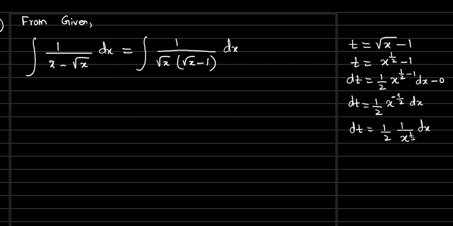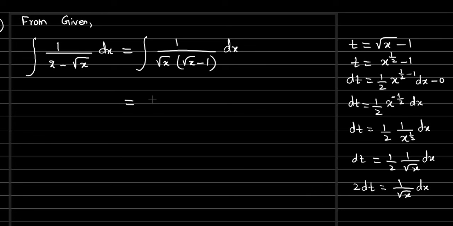Power 1 by 2 means square root. So this part 1 by root x dx we got here, but the 2, the 1 by 2 we don't see. So this 2 we will send to the other side. If we send it, it will get multiplied. So 2 dt equal to 1 by root x dx.